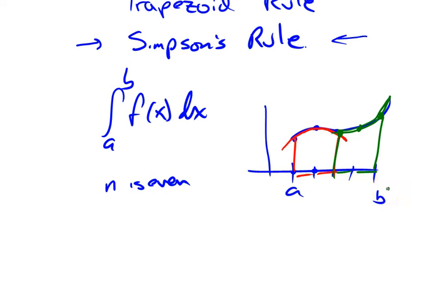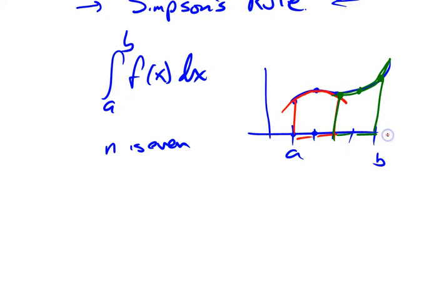And what Simpson showed, and the book shows this as well, I don't know if it's worth our time to go through that. You can read it in the book. Let's just say one of these things here. So this is A, this is x1, this is x2.